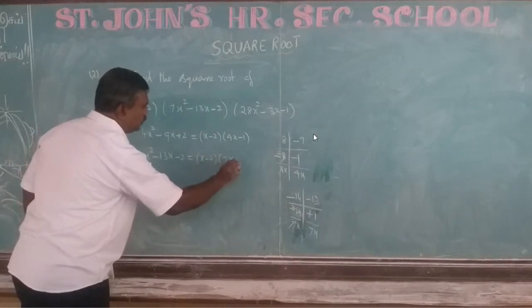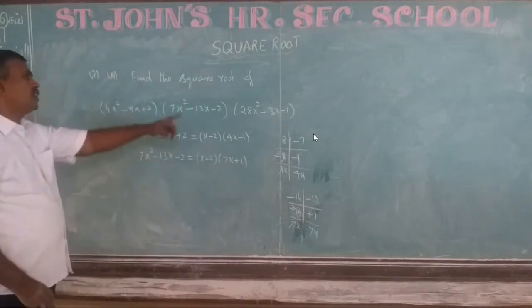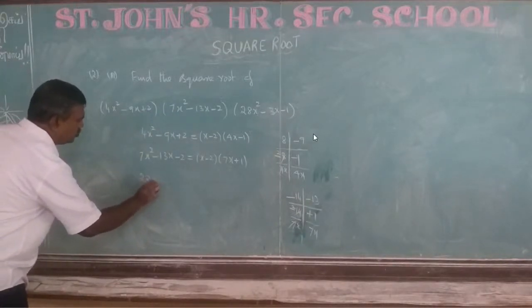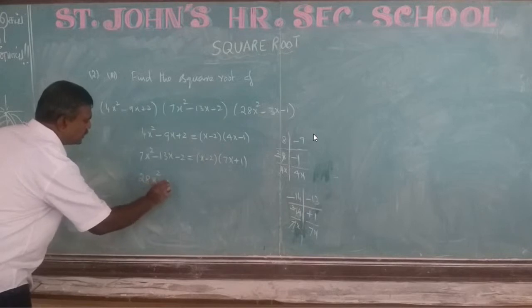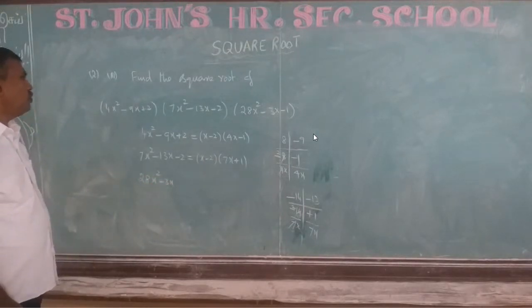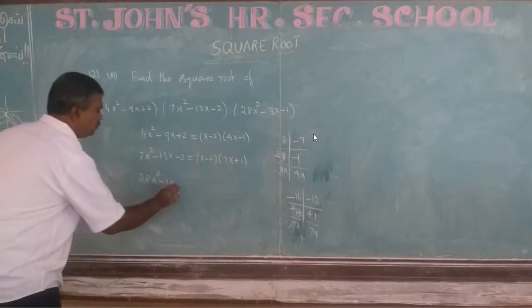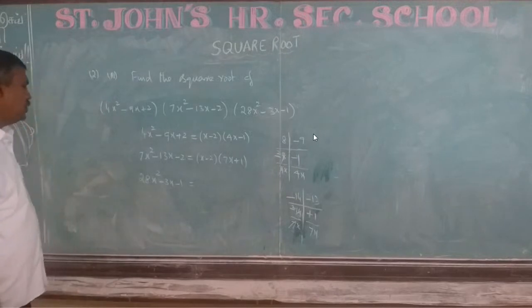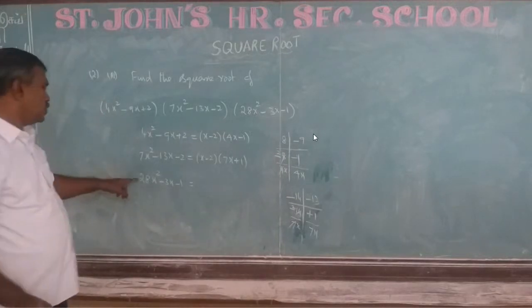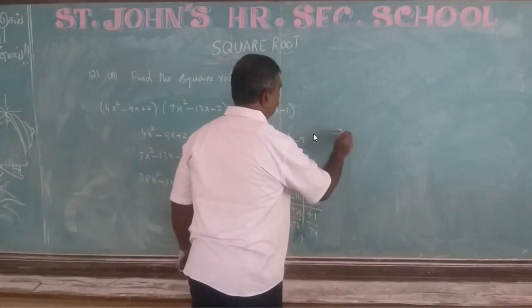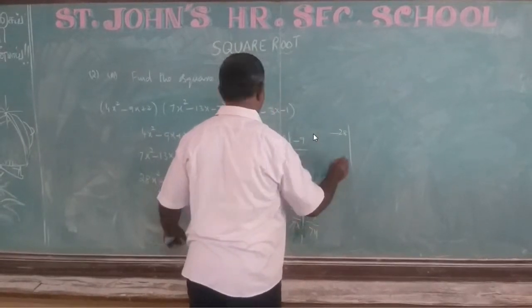X minus 2 into 7x plus 1. We take the other value 28x squared minus 3x minus 1. We take the T method, 28 into minus 1 is minus 28. The sum value is minus 3.